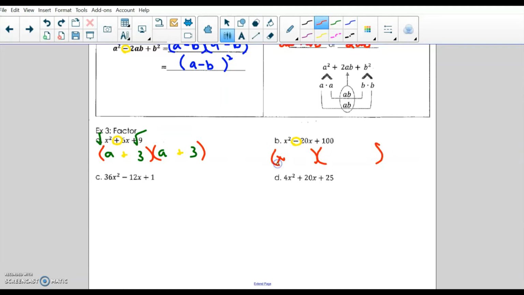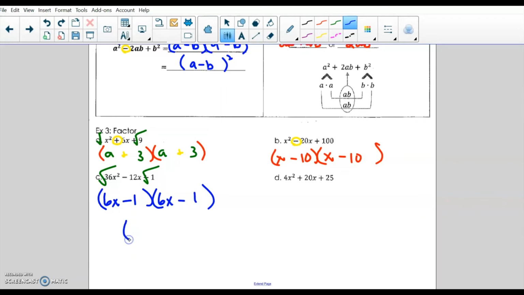So x minus 10, x minus 10. Down here on c, we take the square root of both the a term and the c term, and we'll get 6x minus 1, 6x minus 1.